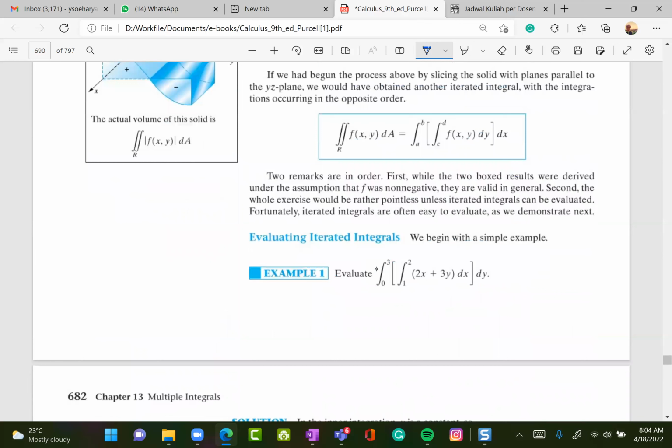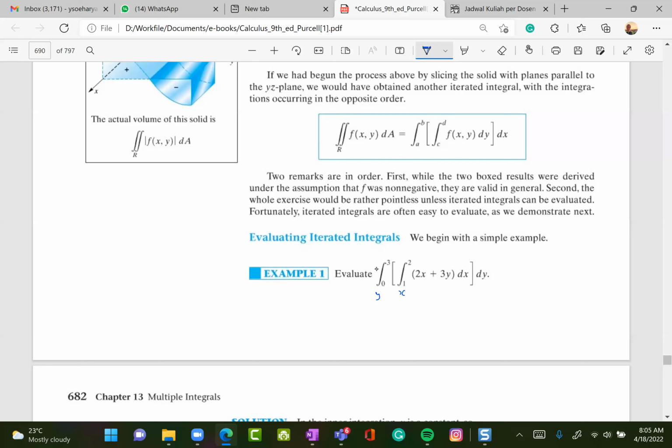Okay, so this is an example. Simple example. I won't write it, just read it. So integrate 2x plus 3y, dx dy. So this is the x, this is y. Okay.